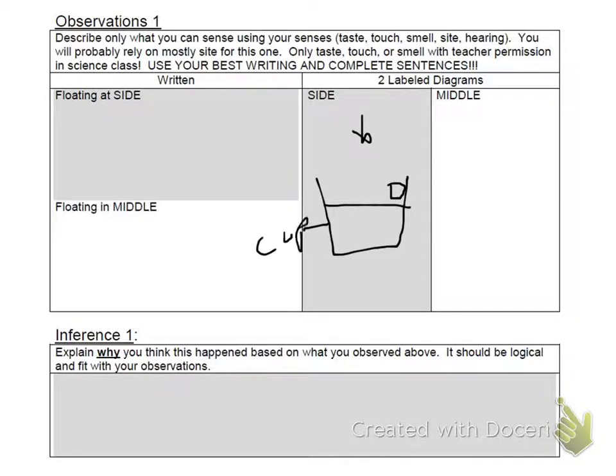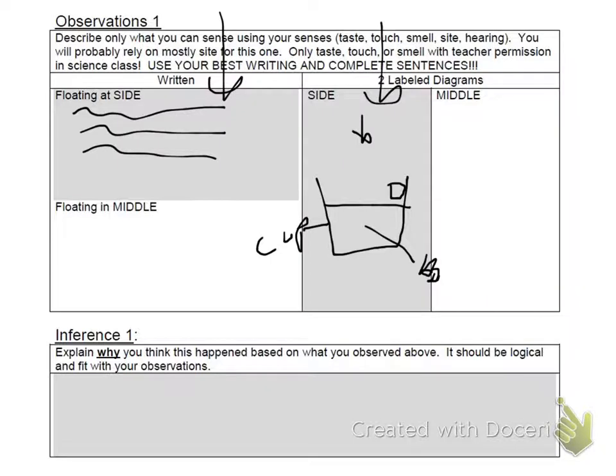You'd label it cup, cork, water. So you label your drawing, okay? And you're going to describe over here what it looks like, okay? So your written observations. Now, you're going to just do these two blanks, basically. You're going to leave everything else the way it is for now.